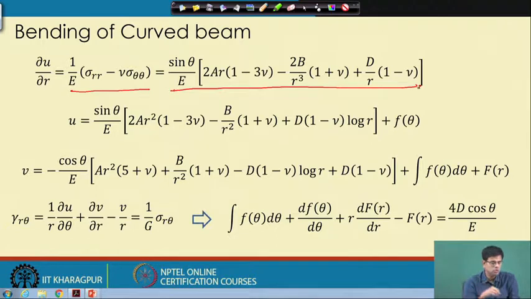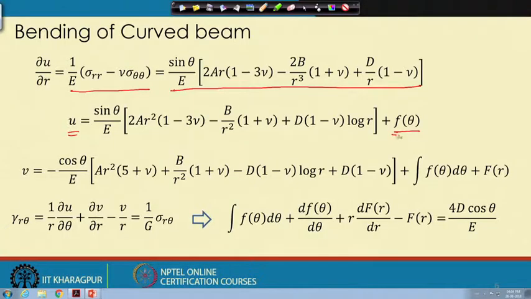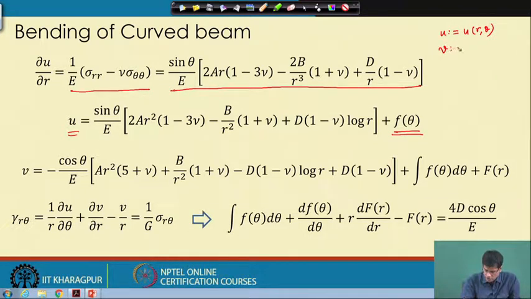Again, by integrating this equation, we can get the expression for u. Integrating with respect to r, we get an integration term f of theta, because, as in the previous case, u is a function of r and theta, and v is a function of r and theta.